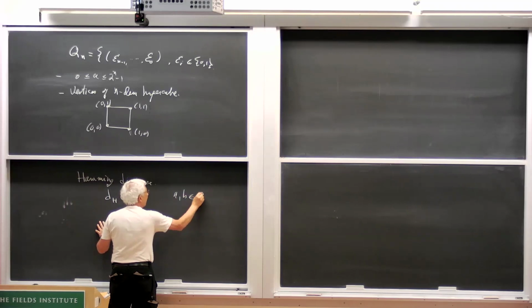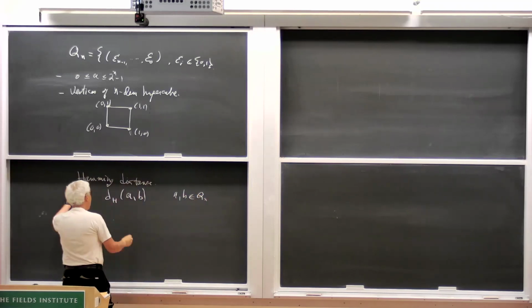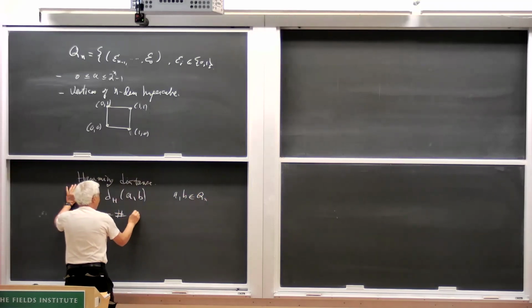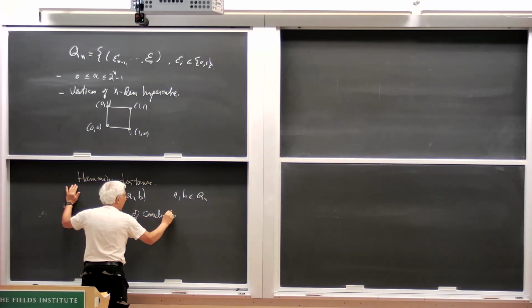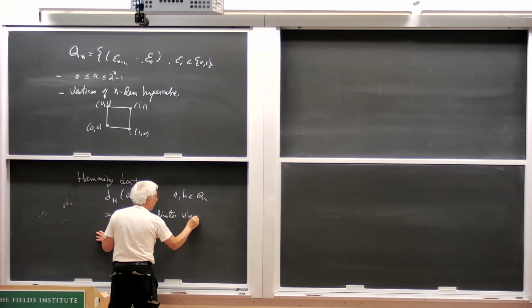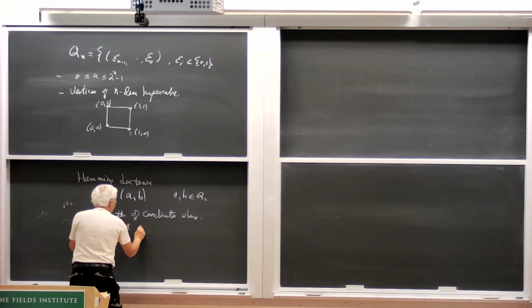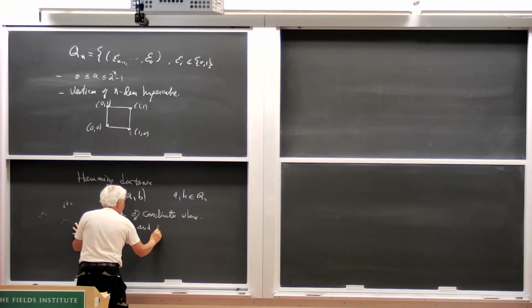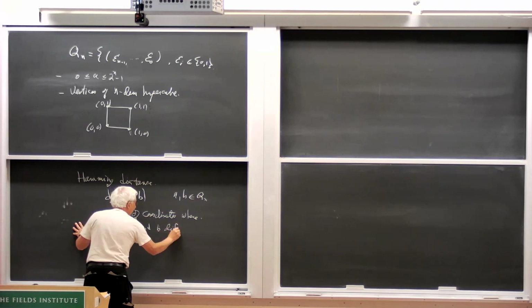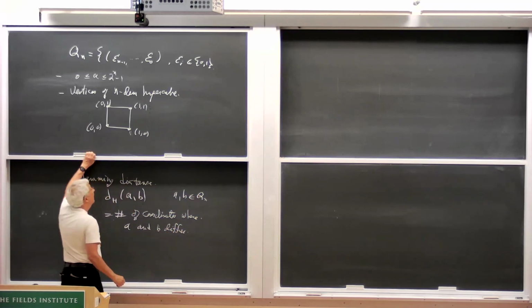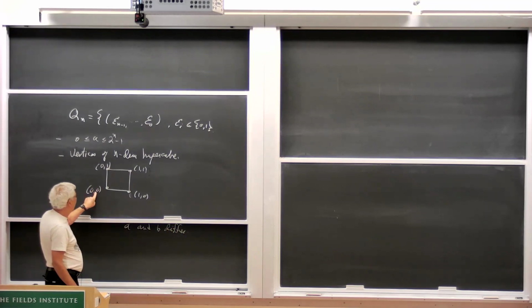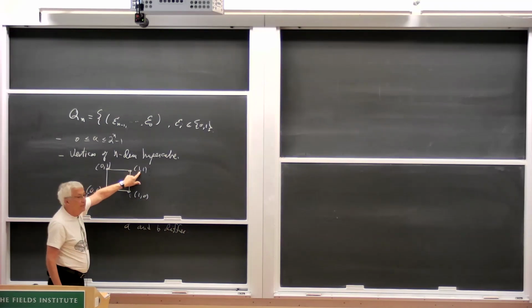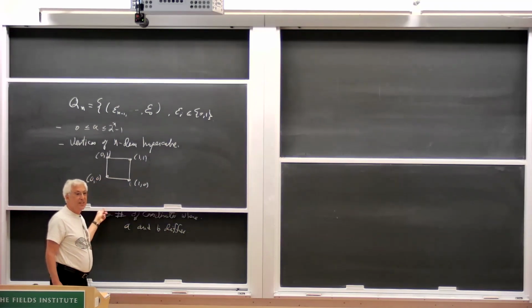For numbers a and b in the set Qn, it is the number of coordinates where a and b differ. So for example, the Hamming distance between this coordinate and that coordinate is 1. Between this coordinate and that coordinate is 2. That's the Hamming distance.